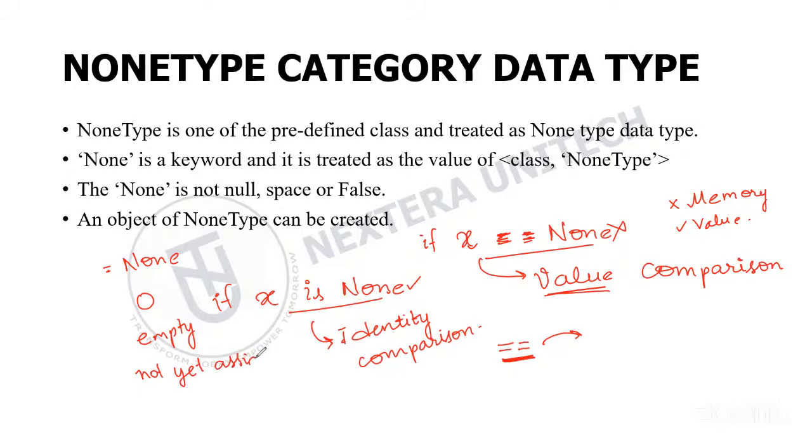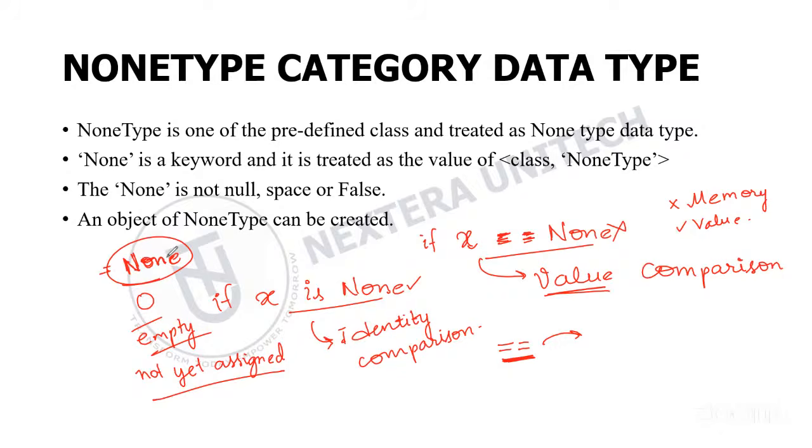It is not zero or an empty string or whatever. None just means currently no value is assigned. So that is how the None value works.